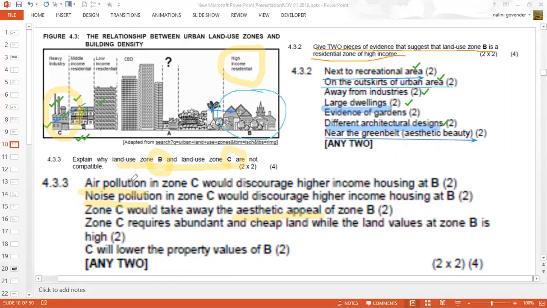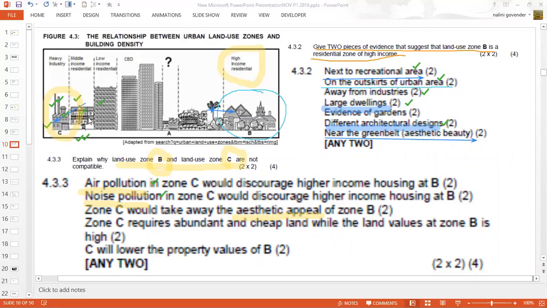If you said air pollution, and therefore they can't be in the same area, the mark was yours. There's noise pollution, and therefore they can't be in the same area, the mark was yours. Area label C requires lots of cheap land to allow the industries to occupy more flat land, more space to expand. And area label B, being the high income area, land values are high. So area label C can't locate in this area. It can't afford the high land values.